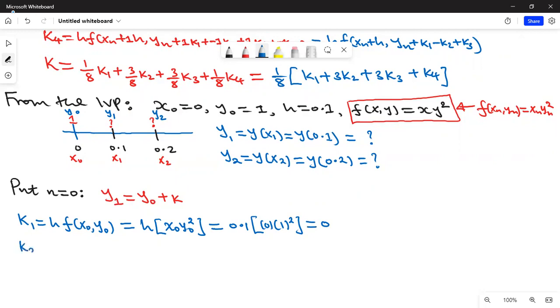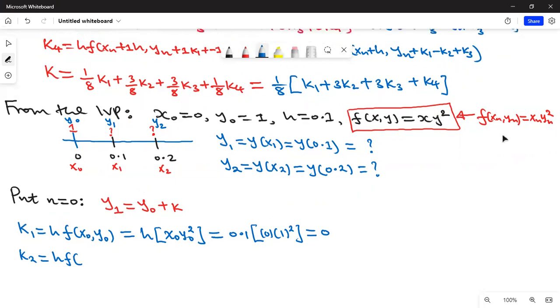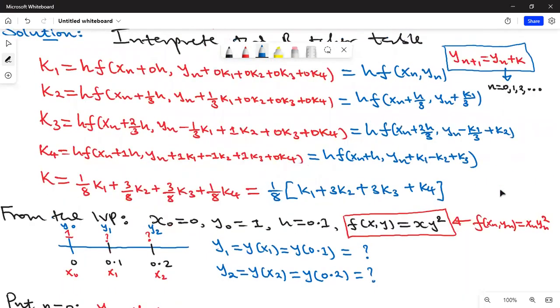So k2 is equals to, look at our definition, it is h f of, let's go back to our definition of k2. It is this one here, xn plus h over 3, yn plus k1 over 3.